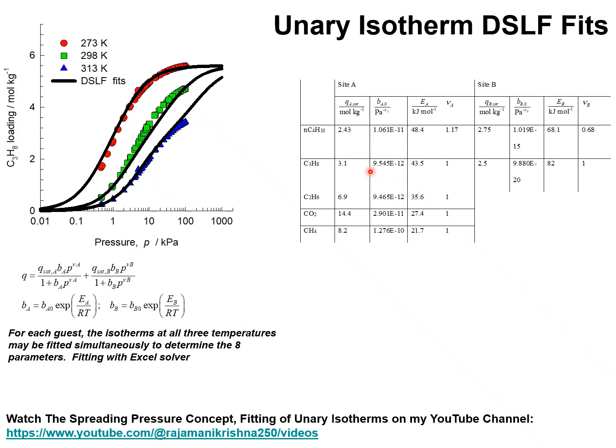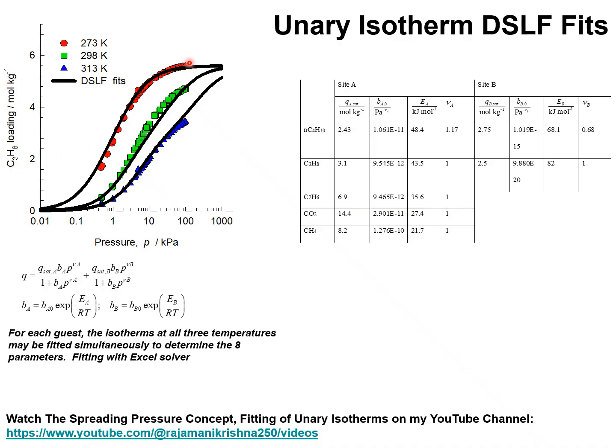The fitted parameters for each of the 5 components in the natural gas mixture are provided in this table, and as an example I show the comparison between experimental data points for propane.